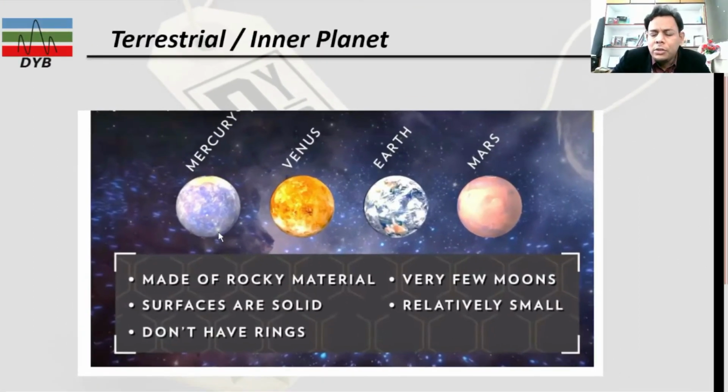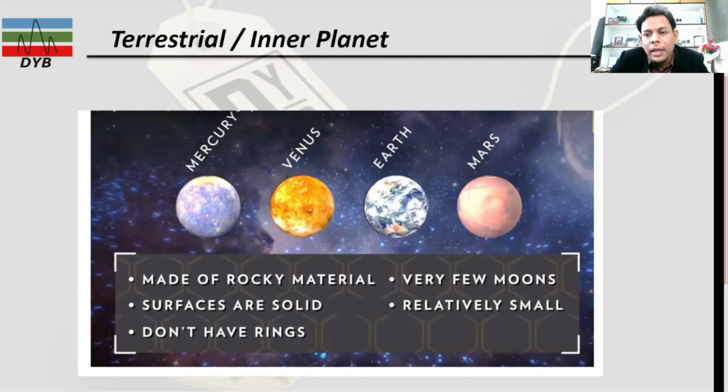So let's look at the inner planets, the terrestrial planets. If you look at the properties of these planets, all of them are made of rock material, and the surfaces are solid. I mean, it's not gaseous material.